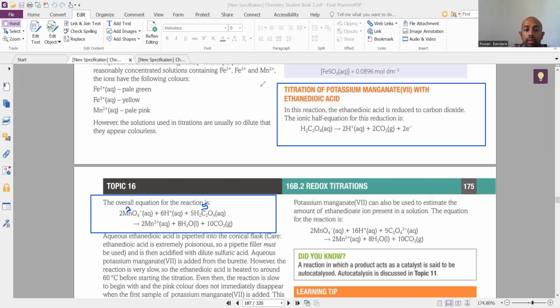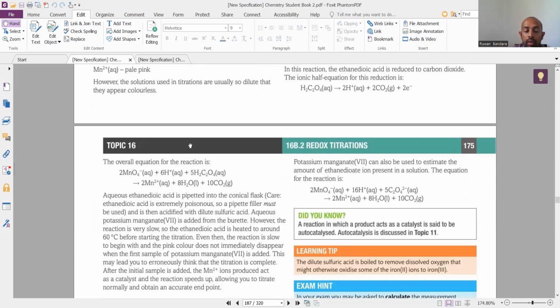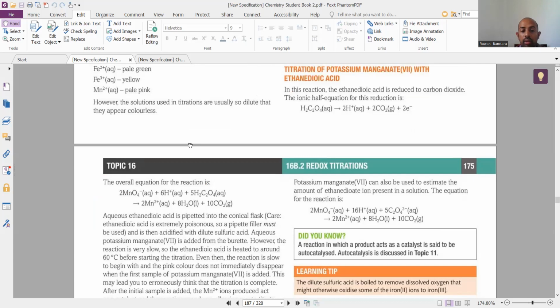Write down. This reaction is very slow. Therefore, we have to heat the reaction mixture to around 60 degrees Celsius before starting the titration.